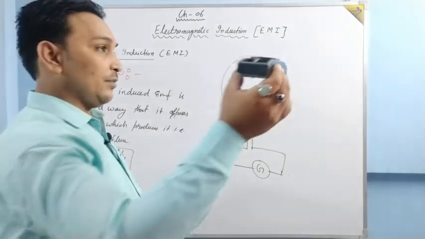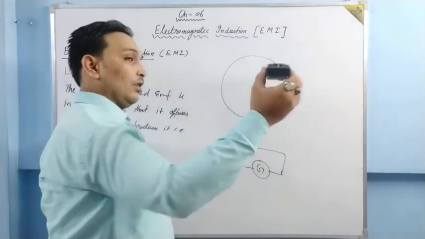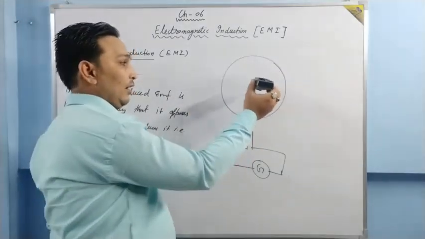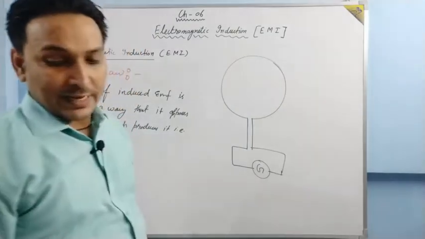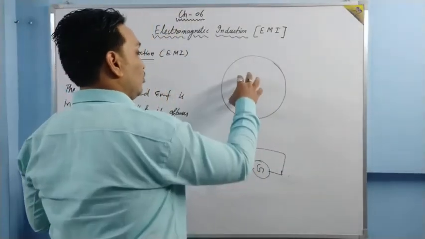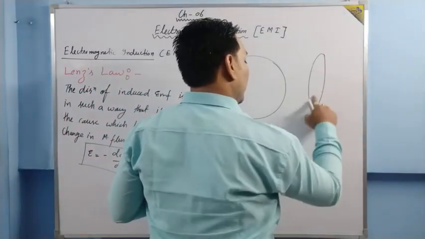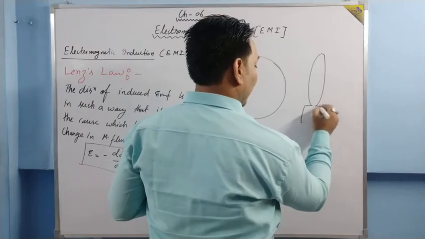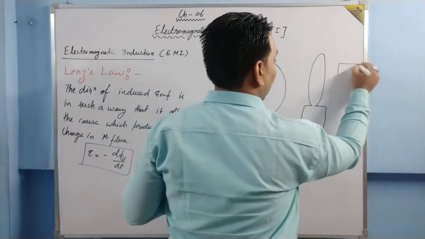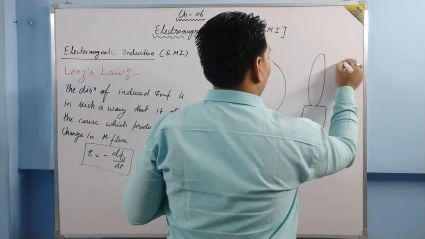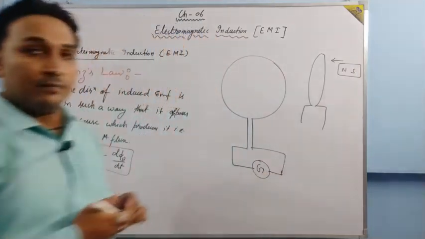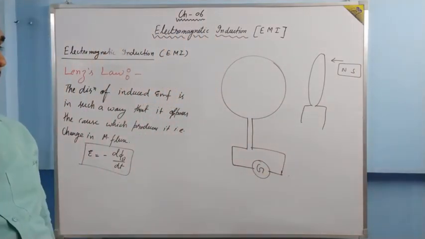When we bring this magnet near the loop, then what is happening over here? The magnetic flux which is passing through the loop, let us have a side view also. This is the loop, this is the galvanometer connected, and a magnet. The north pole is being brought towards the loop. Then what is exactly happening?